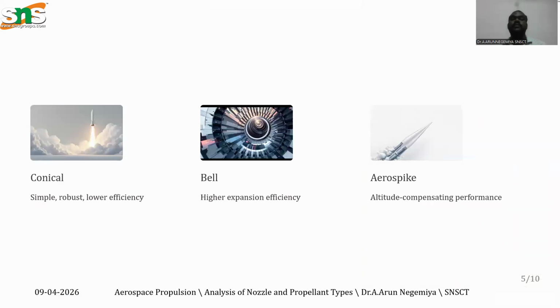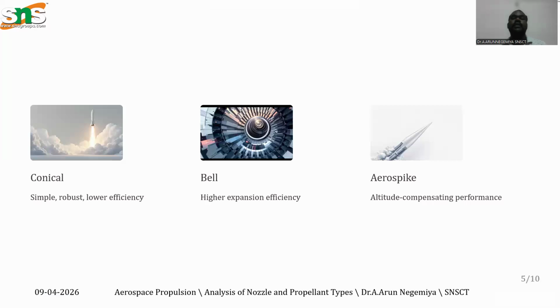Next one is the types of nozzle. Nozzles can be classified into three types. First one is the conical nozzle, the bell nozzle, and the aerospike nozzle. The conical nozzle is very simple and robust, but it provides a lower efficiency. Next one is the bell nozzle.